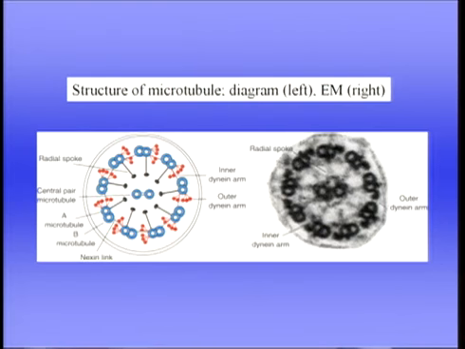Here's the structure of a cilium, and I see now it says structure of a microtubule, and it really should say structure of a cilium, which is made up of a series of microtubules. Okay, this is a very high magnification. Here's an electron micrograph here, and the cilium is made up of a series of microtubules.